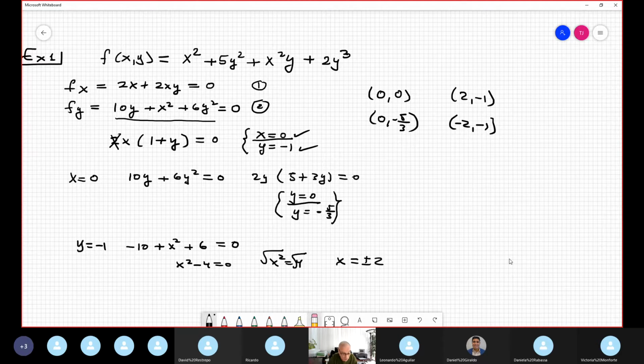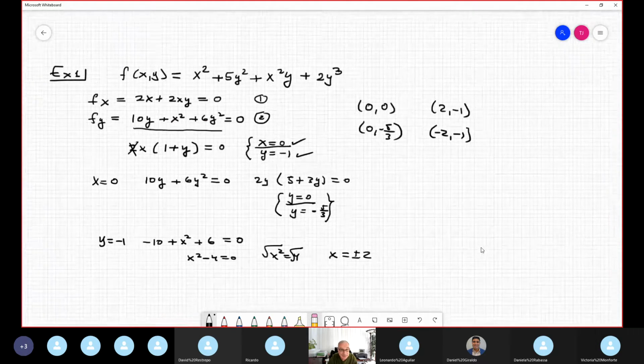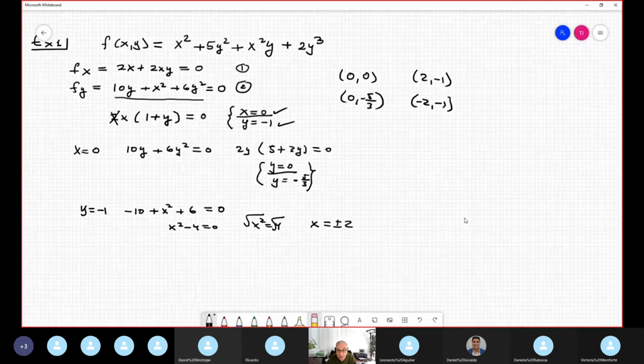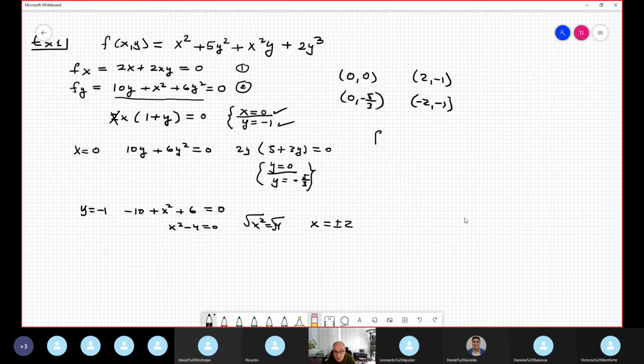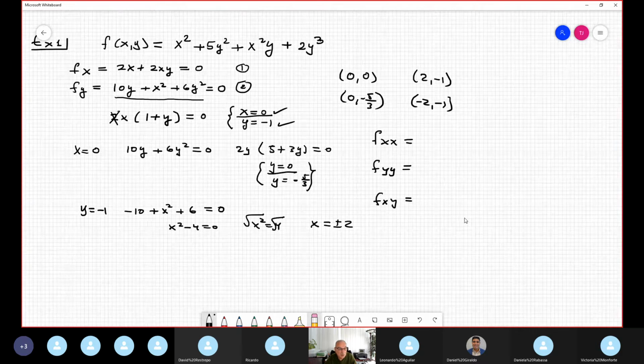Okay, so now I want to go to the second derivative test. For the second derivative test, I found the second derivatives f_xx, f_yy, f_xy. Well, this is the first derivative with respect to x. I differentiate again with respect to x. Entonces 2 plus 2y. Does everyone agree or disagree? Now f_yy.